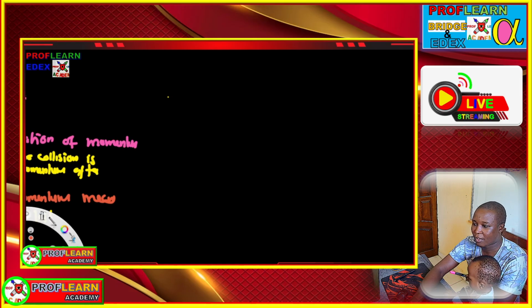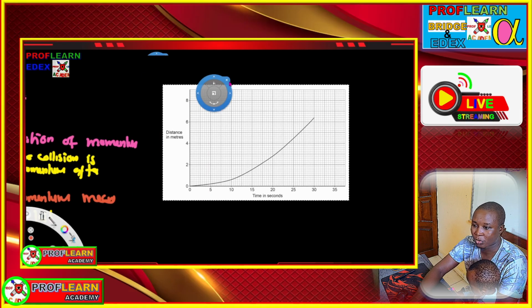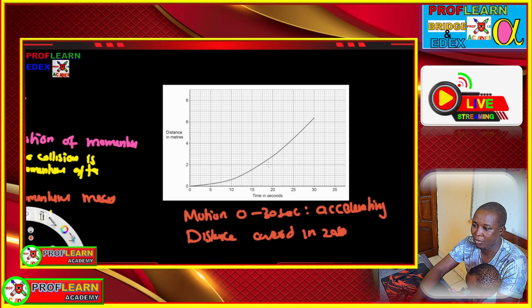For instance, we have a question here, and we were told that this is a distance time graph, and you are supposed to describe the motion between 0 and 30 seconds. And since this is a curve, it means the object is accelerating, and the gradient of the tangent gets steeper with time.